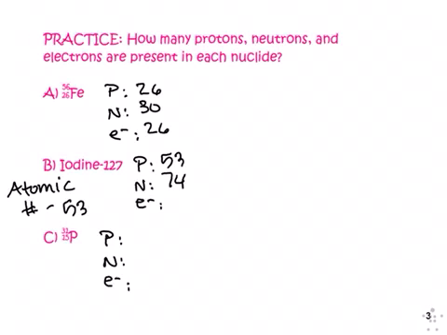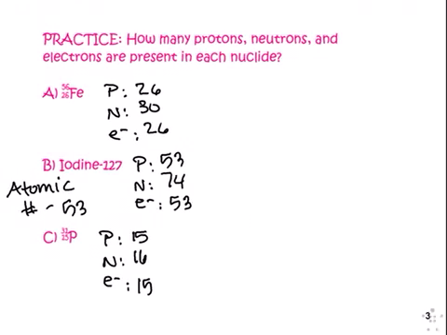And electrons, 53. And last one, phosphorus. How many protons? 15. Neutrons? 16. Electrons? 15. Good. Questions on those? Pretty solid with the arithmetic.